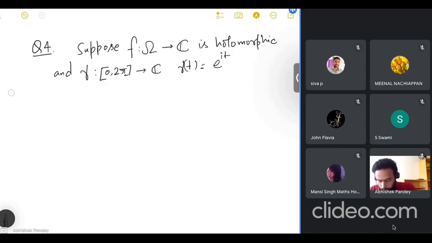So this is basically the unit circle. Which of the following statements are true?